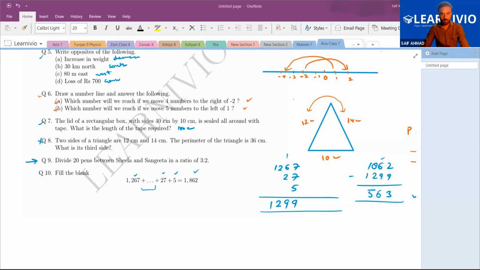Let me move the book. In class 6, you did not learn about decimals.